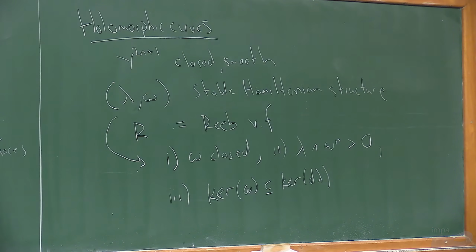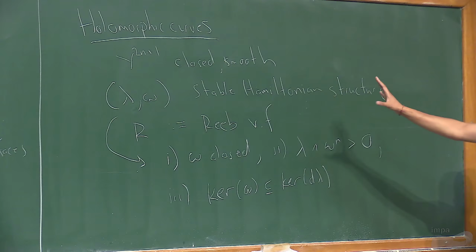That's where stability comes from: the characteristic foliations are stable under it. Is lambda not necessarily the contact form? No. As I mentioned, this formalism contains both contact manifolds and mapping tori of symplectic diffeomorphisms. Thank you.